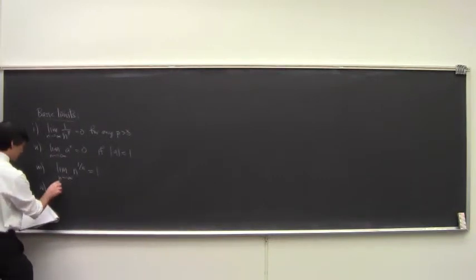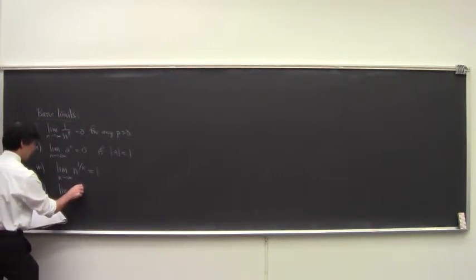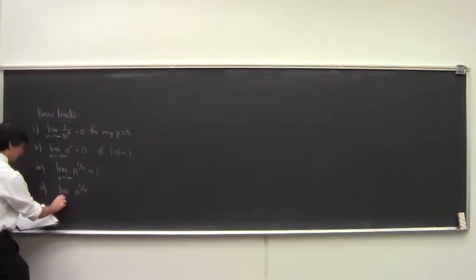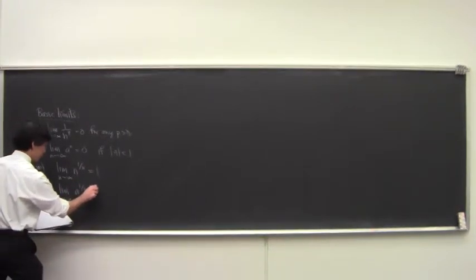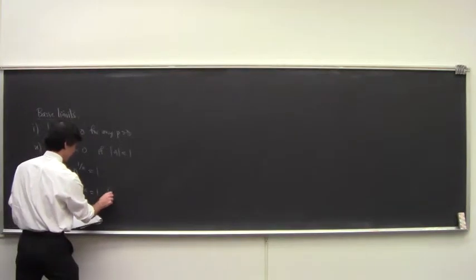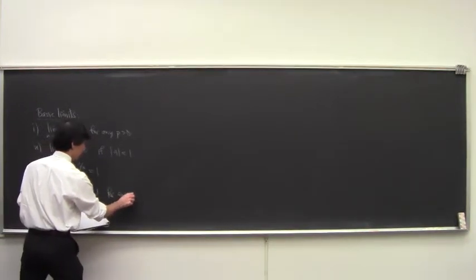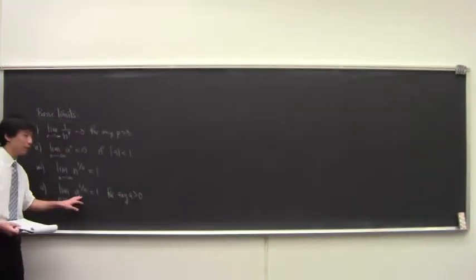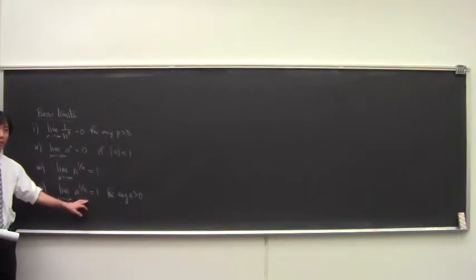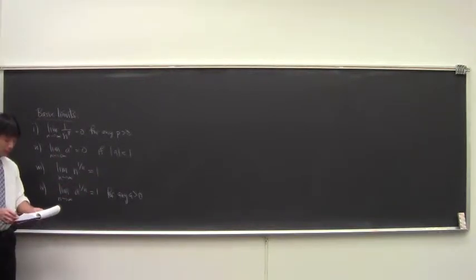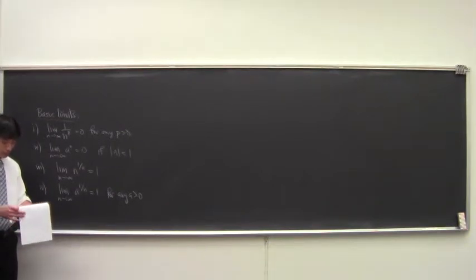Number 4, the limit of a to the 1 over n as n goes to infinity is also 1 for any a bigger than 0. This is probably one you saw as a kid, playing with a calculator. If you took successive roots of any number, even if it was smaller than 1 or bigger than 1, you're going to end up at 1 anyway. If you took successive square roots. Okay.